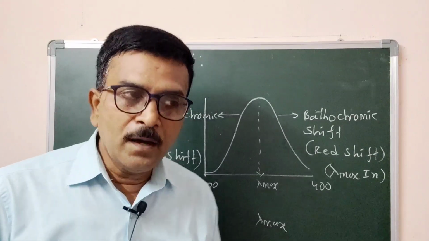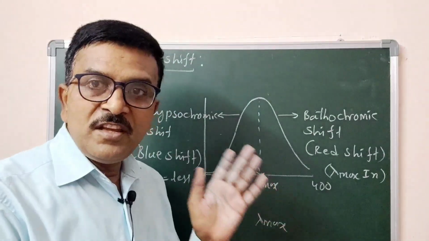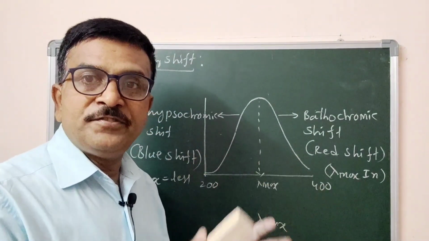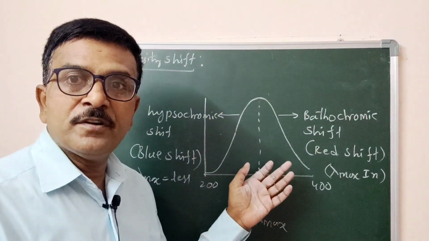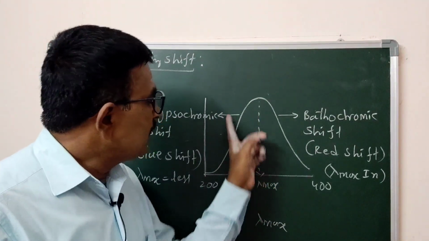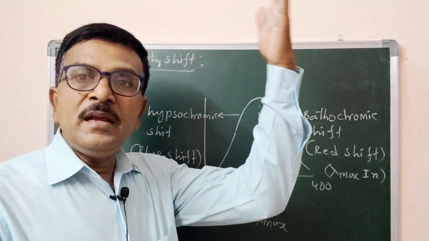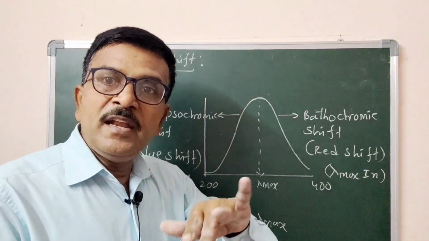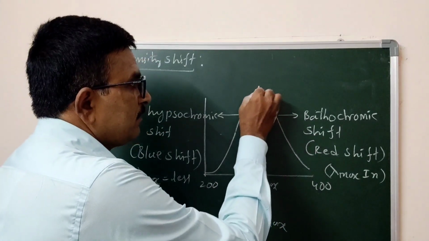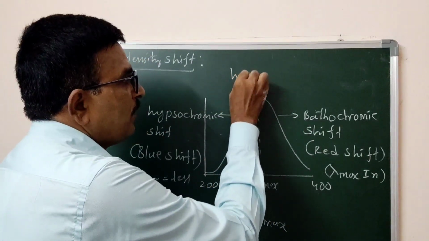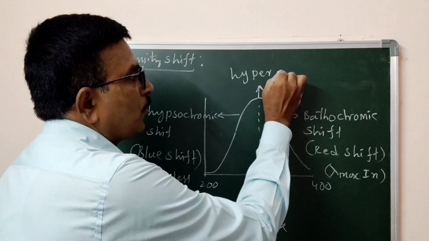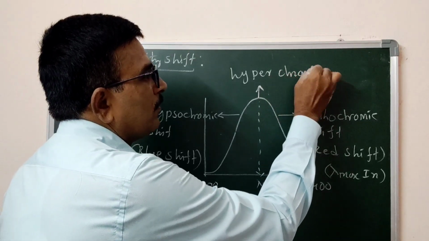Is it clear? Now, this is frequency shift. Coming to intensity shift. The absorption band intensity may be increased or decreased. If it is increased, it is called a hyperchromic shift.